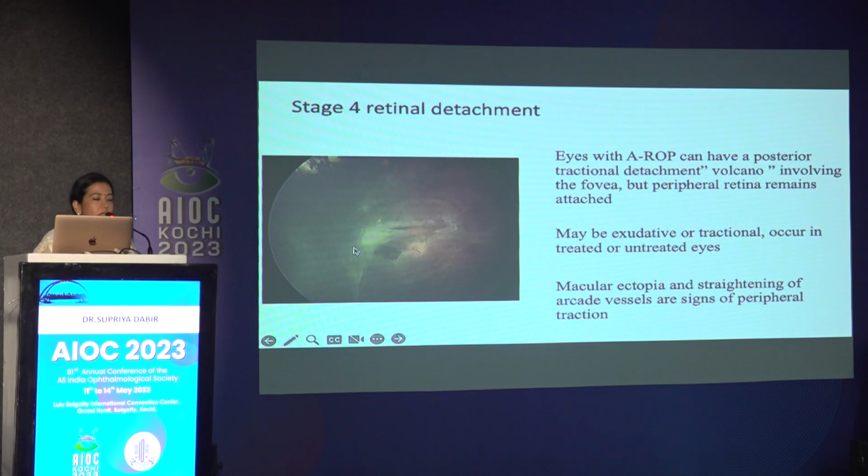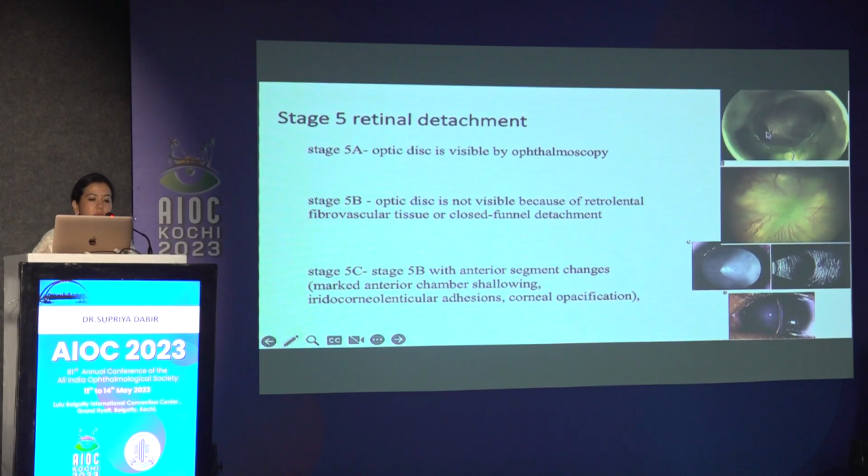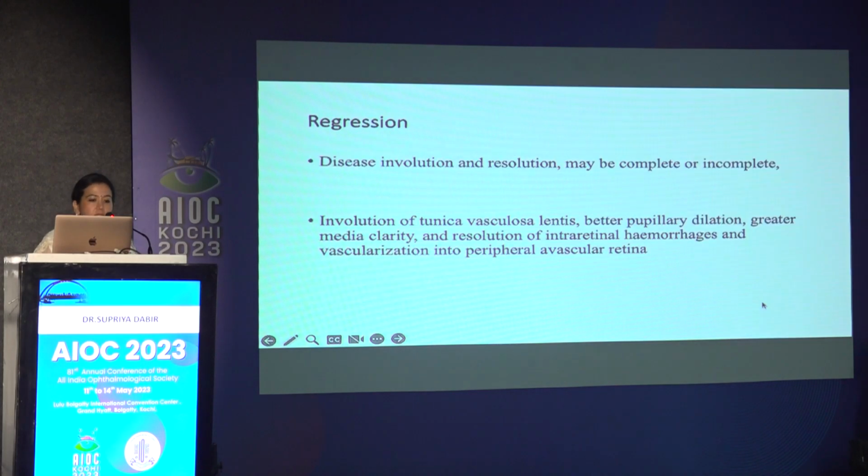These detachments may be exudative or tractional, and they may occur either in treated or untreated eyes also. Stage 5, as Dr. Parijat just described, has been reclassified into A, B and C. Stage 5A is when the optic disc is visible by ophthalmoscopy. Here you don't see the optic disc, it's a closed funnel detachment, and here you have anterior segment changes.